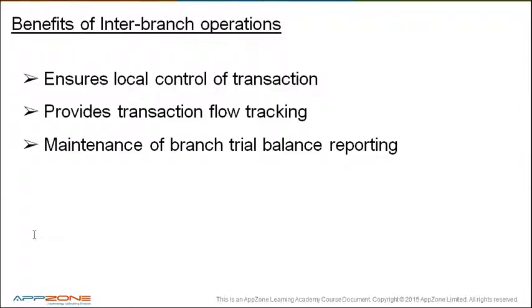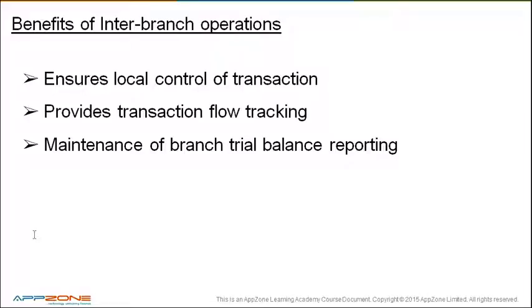We have the benefits of interbranch operations. The first benefit is that it ensures local control of transactions. What we're trying to say here is that every branch can complete their own leg of a transaction. So for example, a head office is trying to move a printer from its books into a branch.